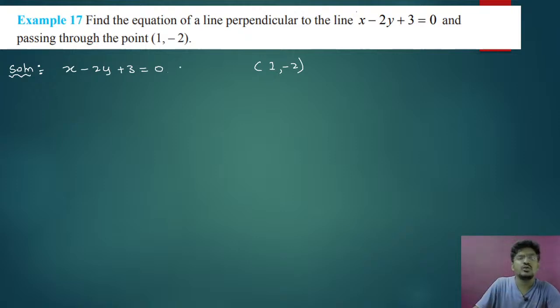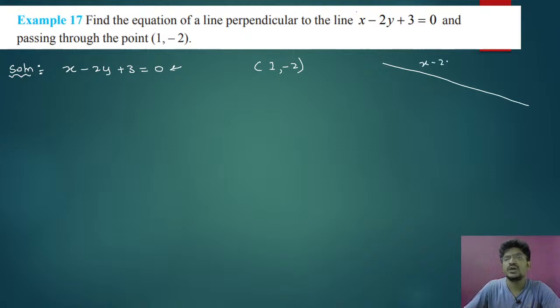See, they have given one equation. Let us take this is the line x minus 2y plus 3 equal to 0. And let us choose another line which is perpendicular to x minus 2y plus 3 equal to 0.